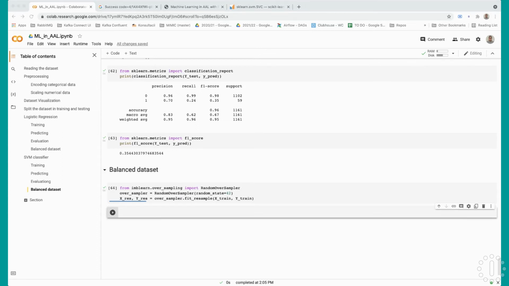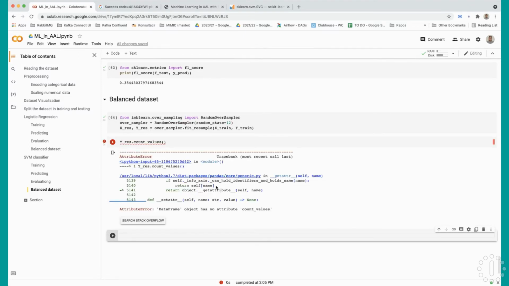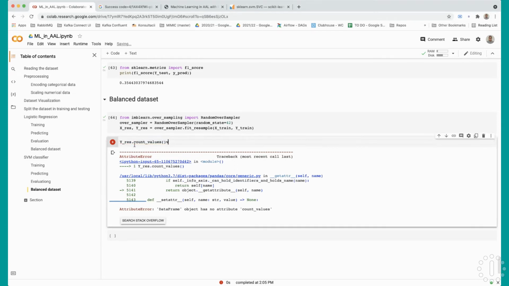Okay, let's see now the count of the values in the yres. Let's see how many anomalies we have over there now.